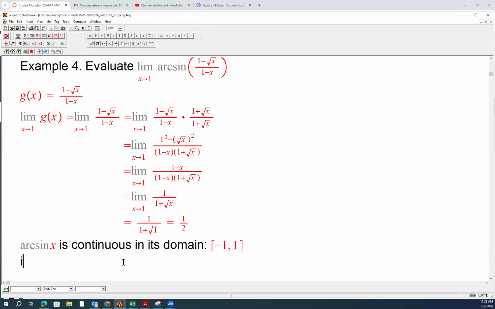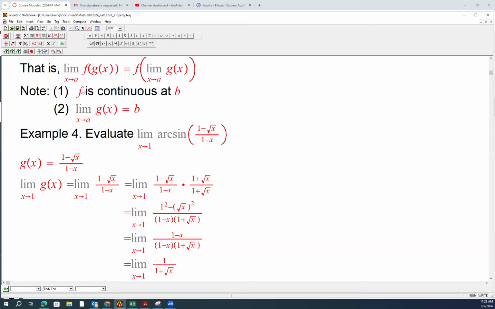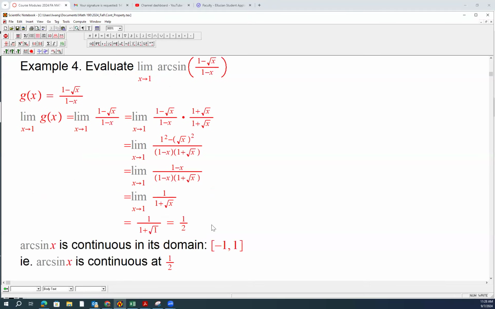So arcsine is continuous at 1/2. To apply the theorem, we have verified these two conditions: f is continuous at the limit of g when x approaches a. That's what we have demonstrated.